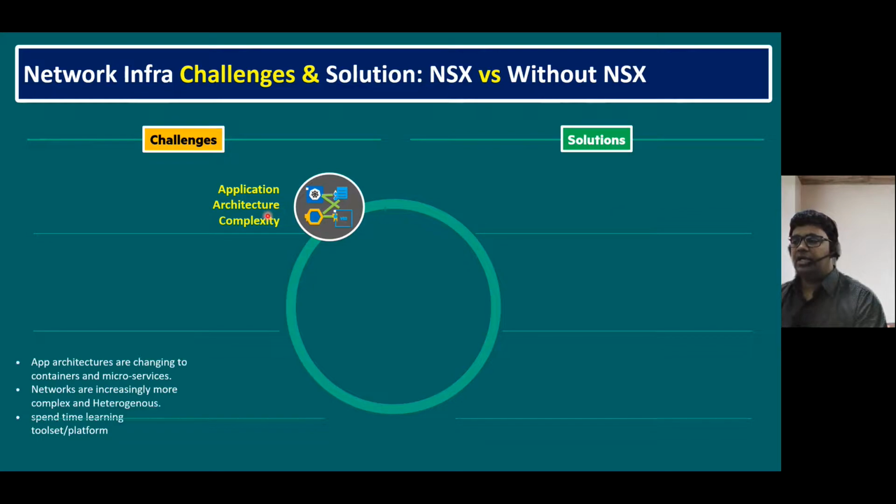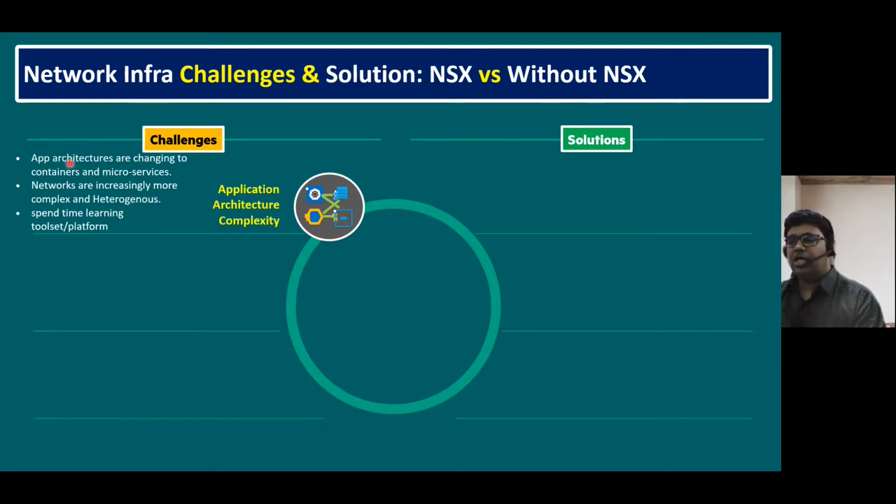So architectures are changing, to containers and microservices. Networks are increasingly more complex and heterogeneous. Heterogeneous means different networks. And teams spend time learning tool sets and platforms. Most of our infrastructure team spend more time learning all these concepts. That is one key challenge.